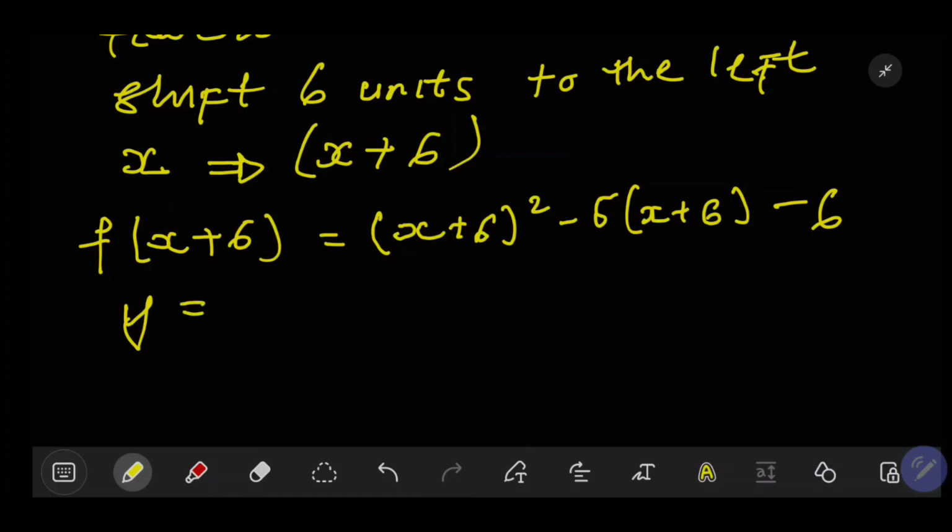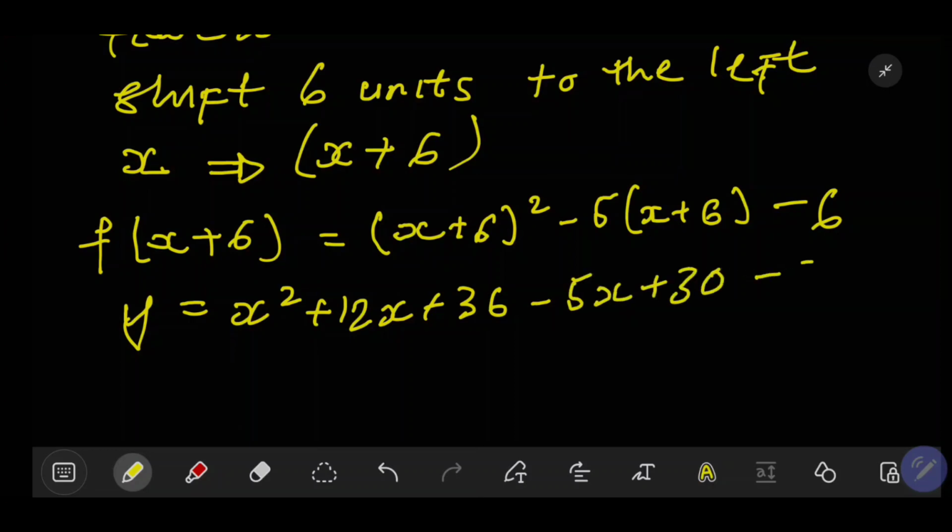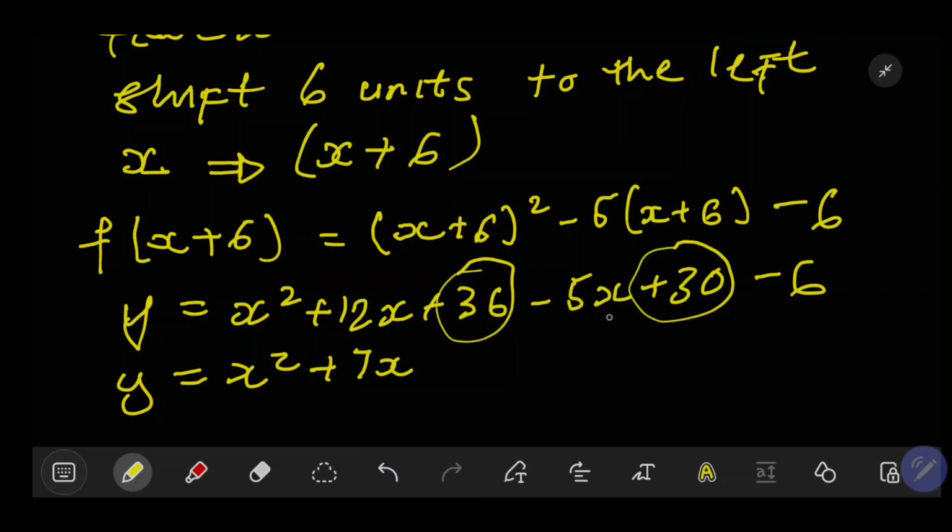So we can say y is now equal to, when we expand this, x² plus 12x plus 36 minus 5x minus 30 minus 6. Then we add the like terms, and we have y equals x squared plus 7x, and then 36 minus 30.